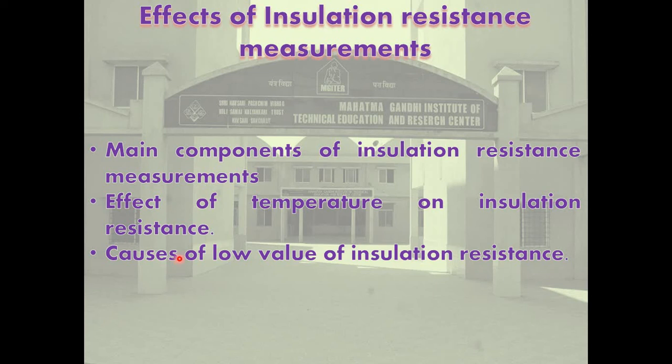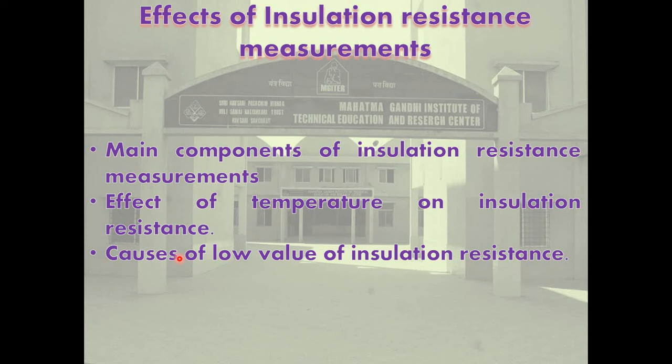Absorption of moisture by insulation and insulating oils results in low insulation resistance value. The insulation resistance is improved by cleaning the insulation surfaces, filtering the oil, and drying out the electrical equipment. The drying out is carried out till the desired value of insulation resistance is reached.